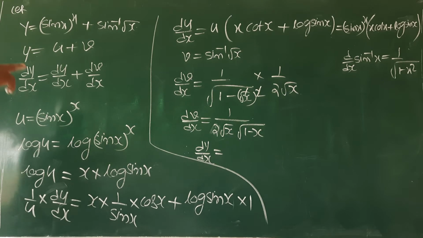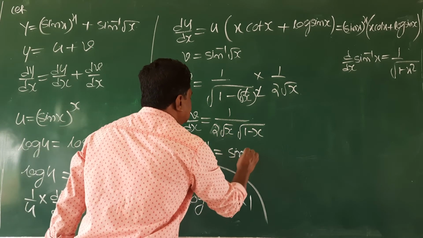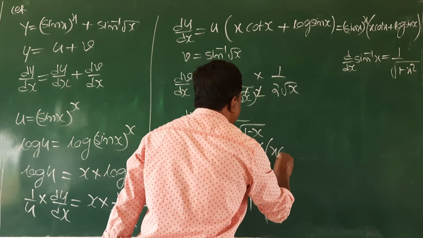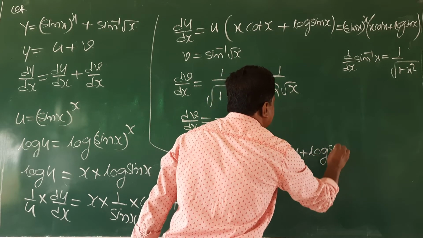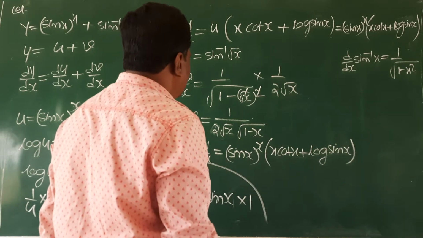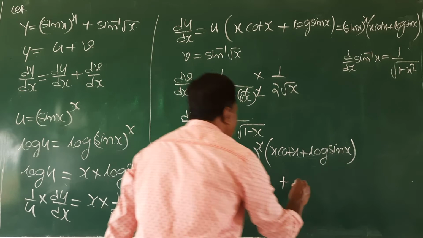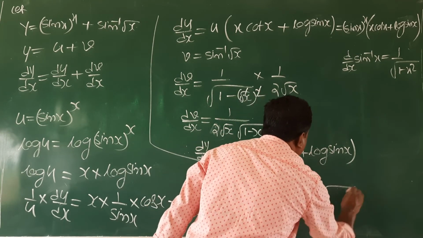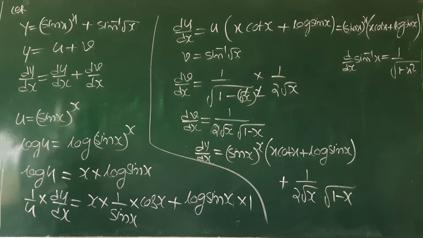Tell me du by dx, students: sin x power x into x cot x plus log sin x, plus dv by dx, 1 by 2 root x into root 1 minus x. We got dy by dx.